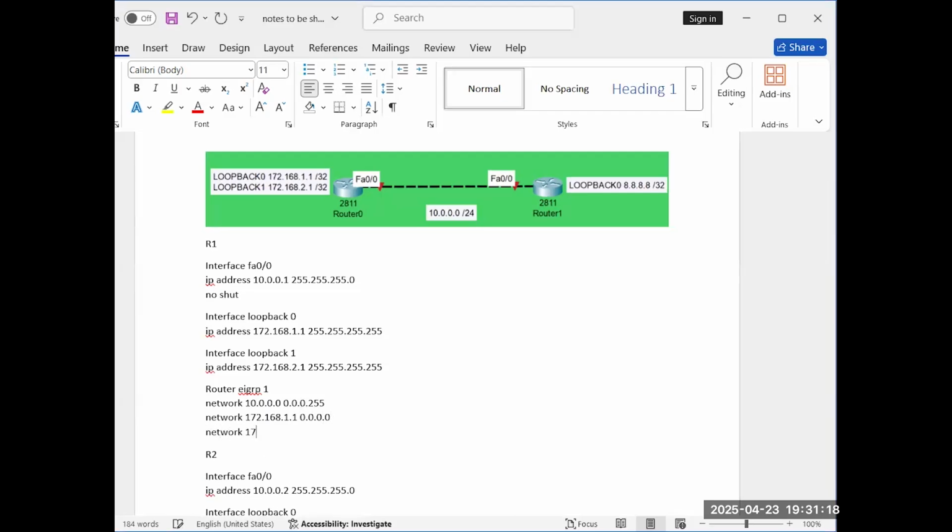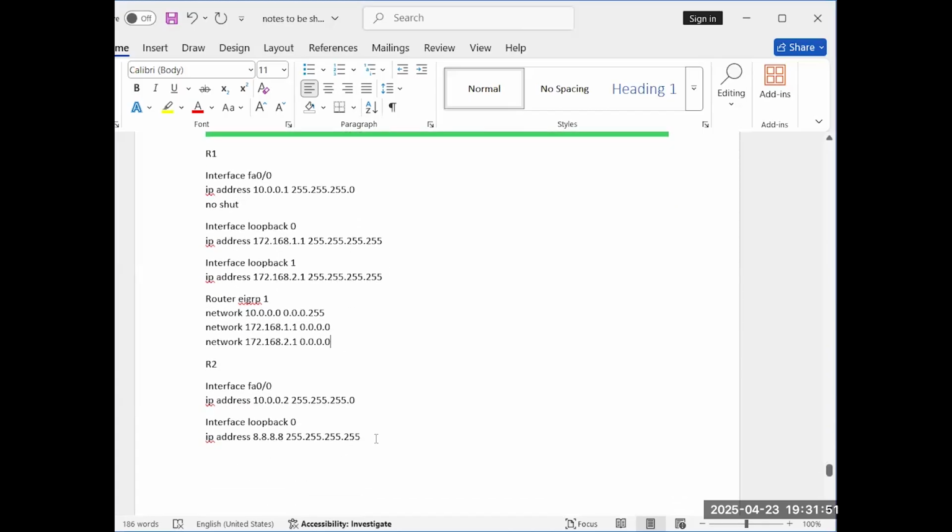Network 172.168.2.1, 0.0.0.0. Right? So with this, I'm telling my EIGRP process to advertise these 3 networks via this router. This router is going to advertise these 3 networks so that any directly connected neighbor router can update its routing table, right?